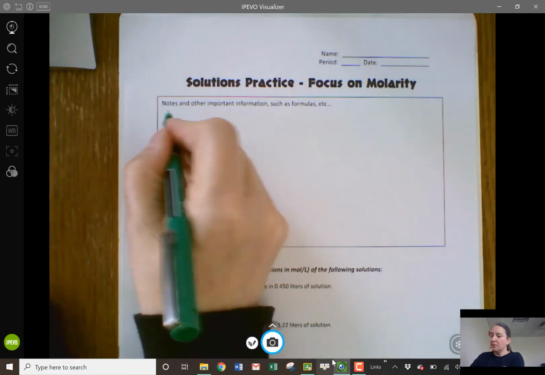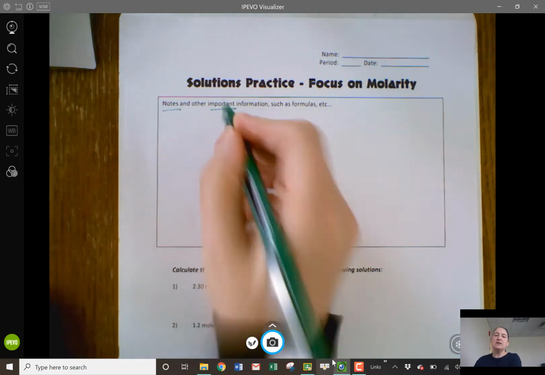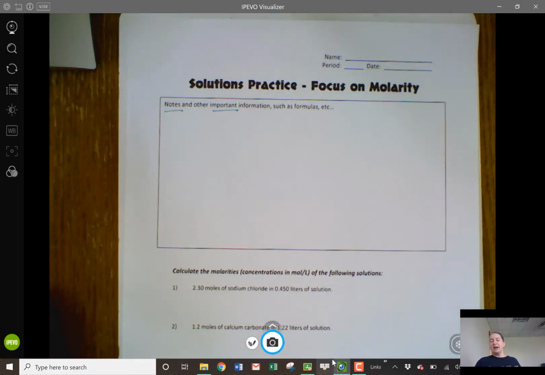The top part right here where it says notes and other important information, what I like with this is for you to write down definitions, reminders, formulas and things like that.